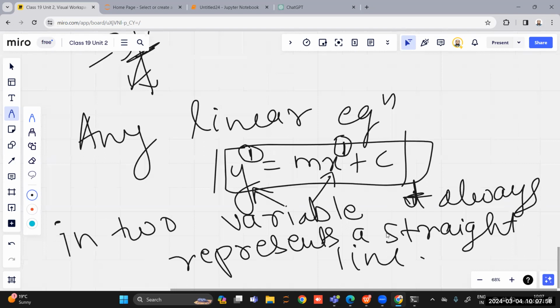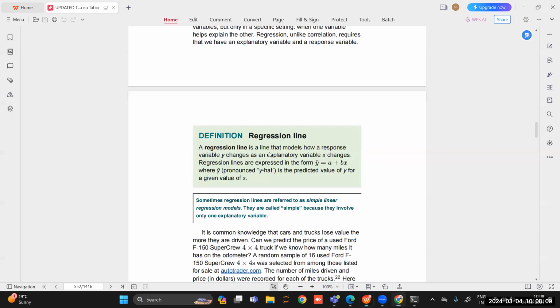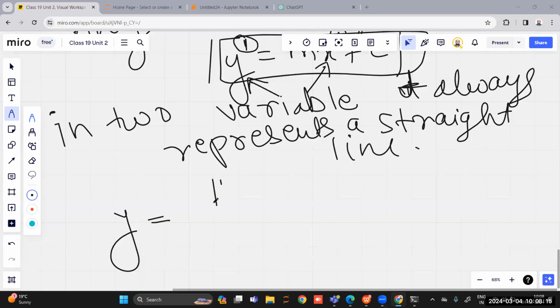Did you get that, Zaid? Yeah. So suppose there are 2 to 3 lines here, we'll go with one only. So it is a regression line. Here he has given it in this form, y cap equals a plus bx.